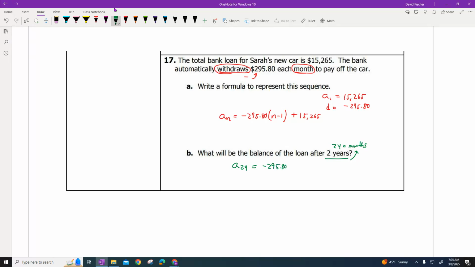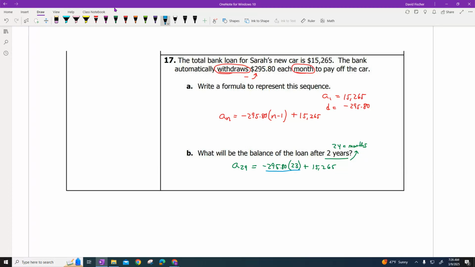295.80. That's my D. The number I want, which is 24 minus 1, so I'm going to automatically put a 23 in there, plus the number, my A sub 1, which is 15,265. All right, so now for sure, grab that calculator. We got to do multiplication before we do addition subtraction.